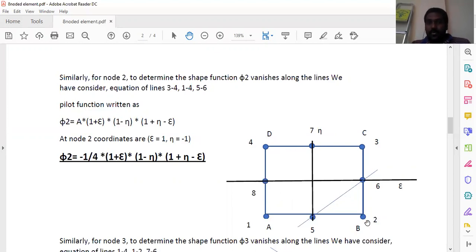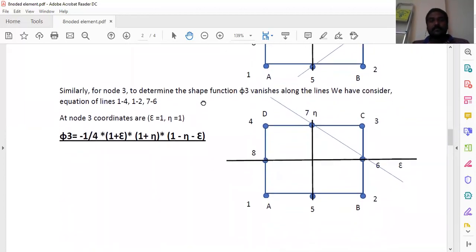At node 2, the coordinates are zeta equal to 1 and eta equal to -1. Therefore, again we are putting these values in the above equation and considering phi2 as 1, and we are calculating the shape function. We will get a equal to 1 by 4. So phi2, the shape function, will be this.